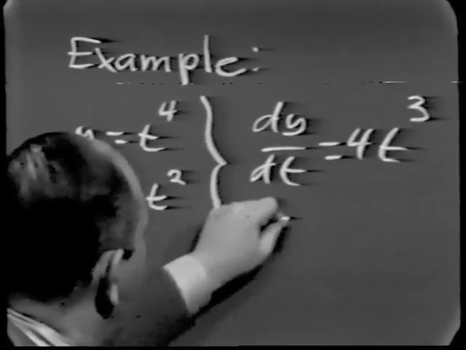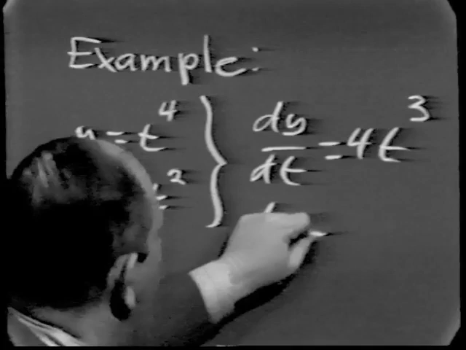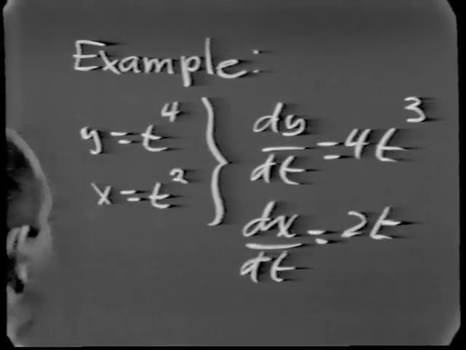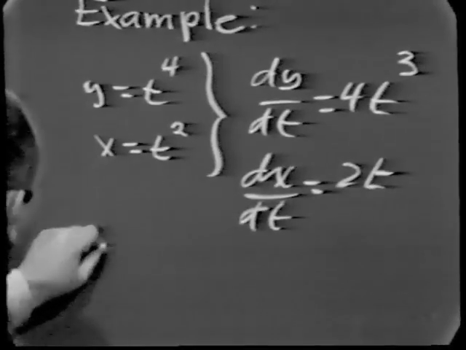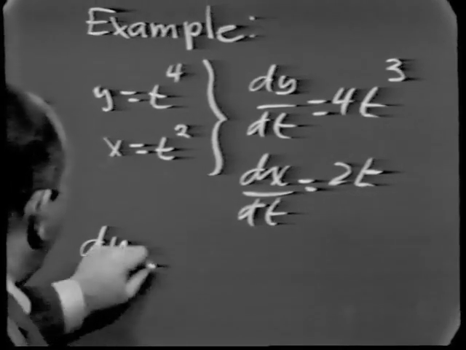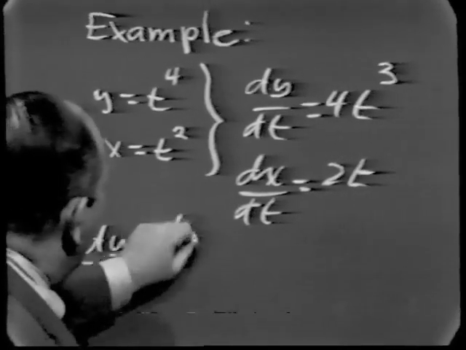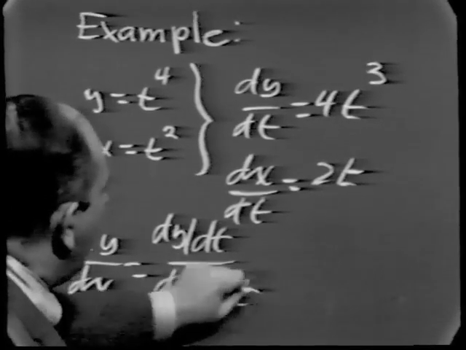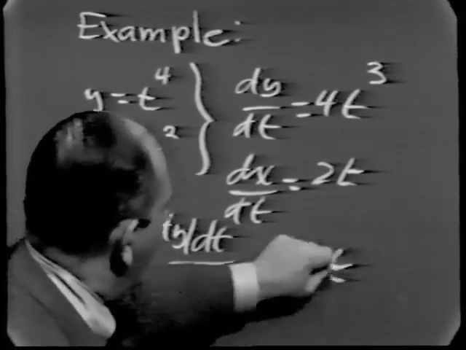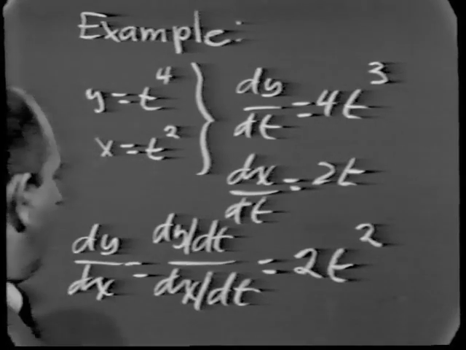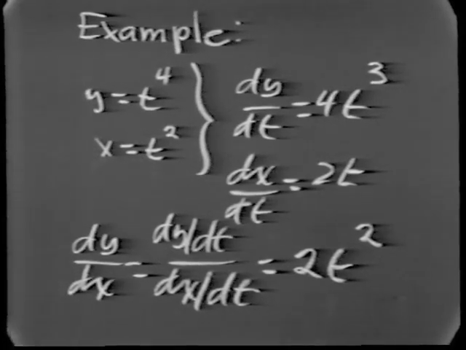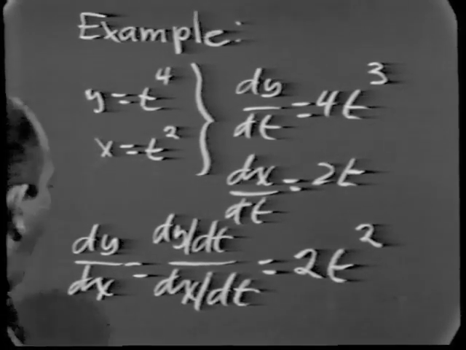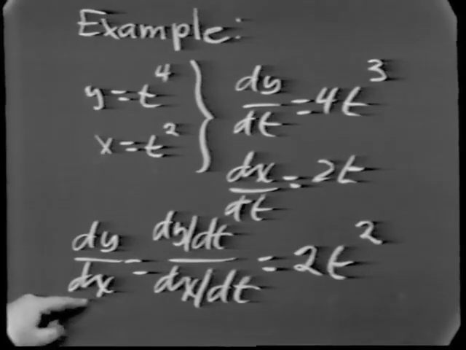From the second equation, we can find that dx/dt is 2t. And if we now use the chain rule, dy/dx will be what? It'll be dy/dt divided by dx/dt, and that's just 2t squared.